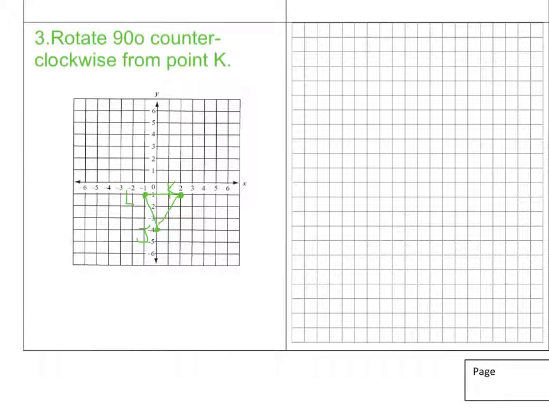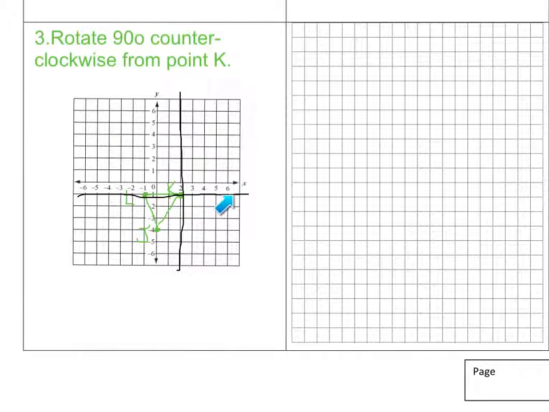Last example, I'd like you to rotate this triangle 90 degrees counterclockwise from point K. Since point K is the point we're going to go off of, I'm going to draw another X and Y axis off of point K. This is going to go 90 degrees counterclockwise.